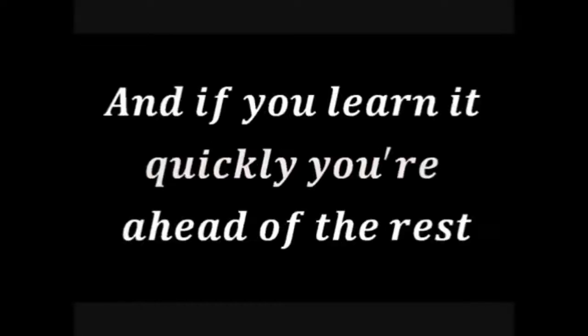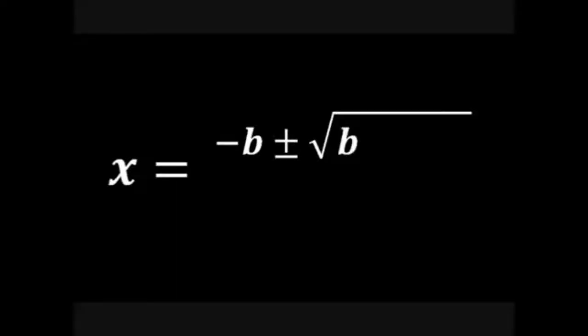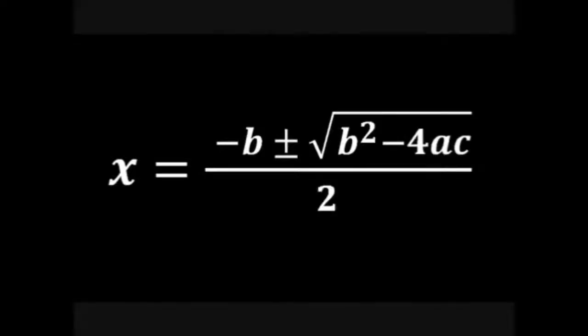And if you learn it quickly, you're ahead of the rest, 'cause it's on the test. It goes x equals the opposite of b, plus or minus the square root of b squared minus 4ac all over 2a. Now you try it with me, Bobby.